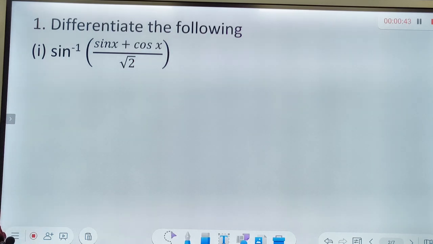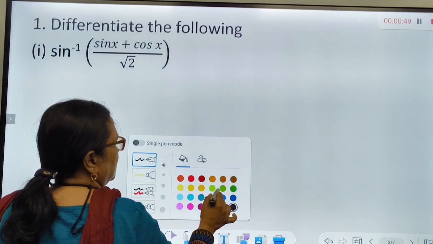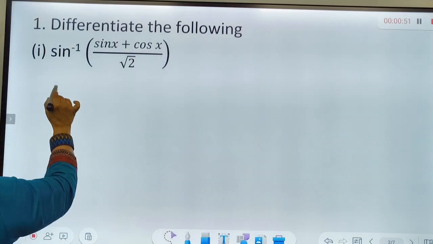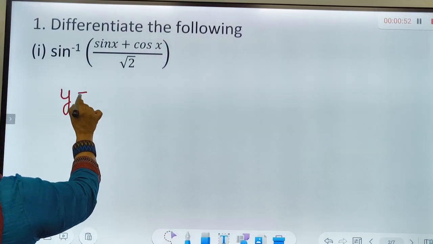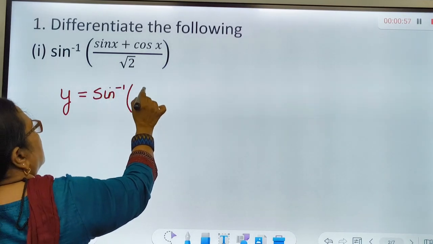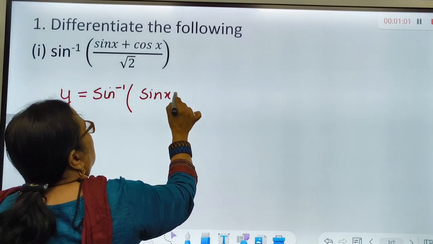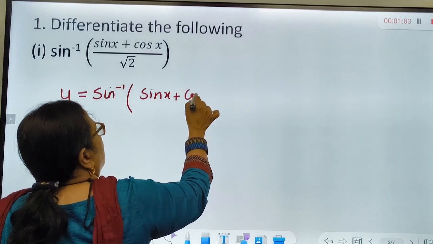Sin inverse of (sin x plus cos x) by root 2. So you have y equal to sin inverse of (sin x plus cos x by root 2).